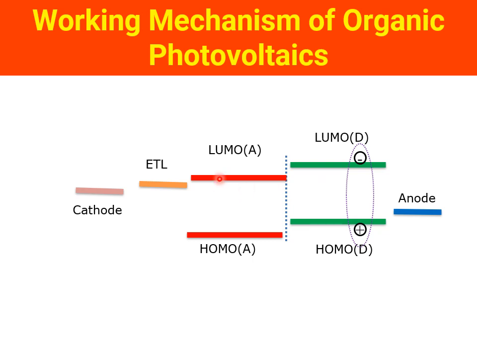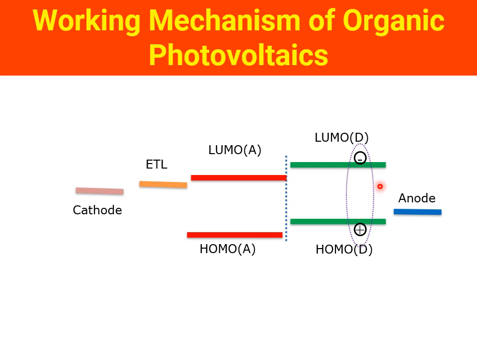Once these free charge carriers are formed, the electron will move towards the cathode because of the energetically favorable layers that are embedded in the device. Similarly, the holes will move towards the anode. This free movement of charge carriers after light illumination results in the current generation in the photovoltaic device. Now we will see this animation.